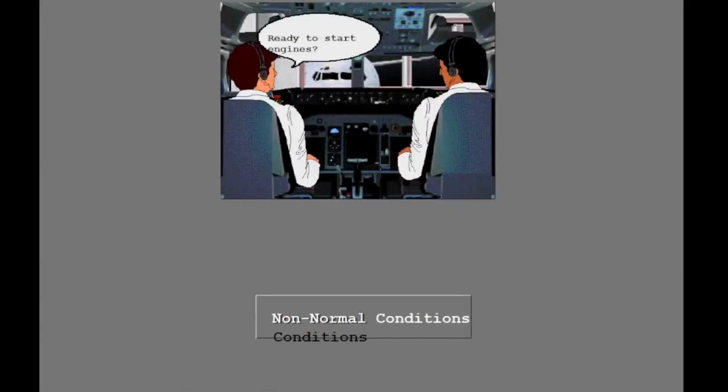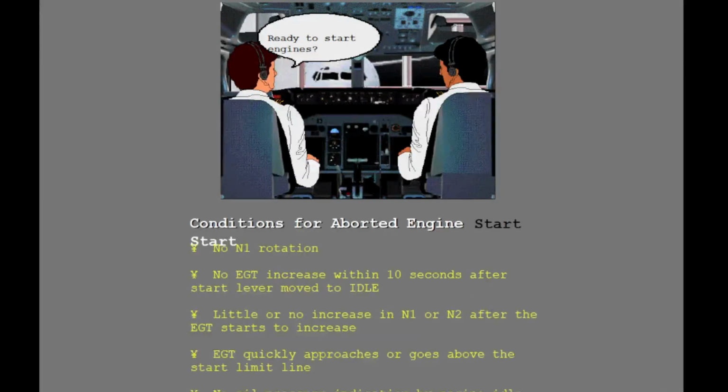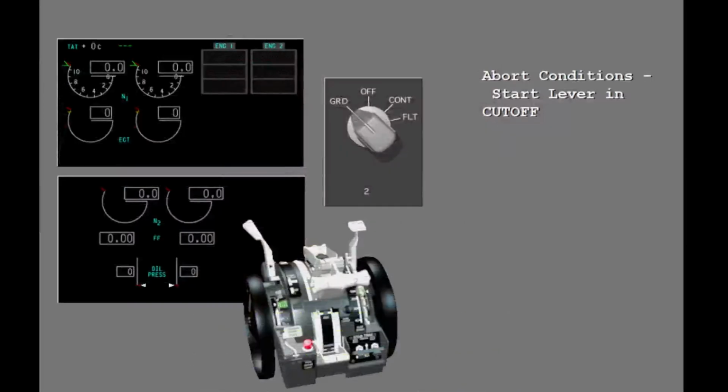Now let's look at some non-normal conditions related to engine starts. There are 5 conditions when you must abort an engine start. The first condition, no N1 rotation, occurs before the start lever is moved to idle.